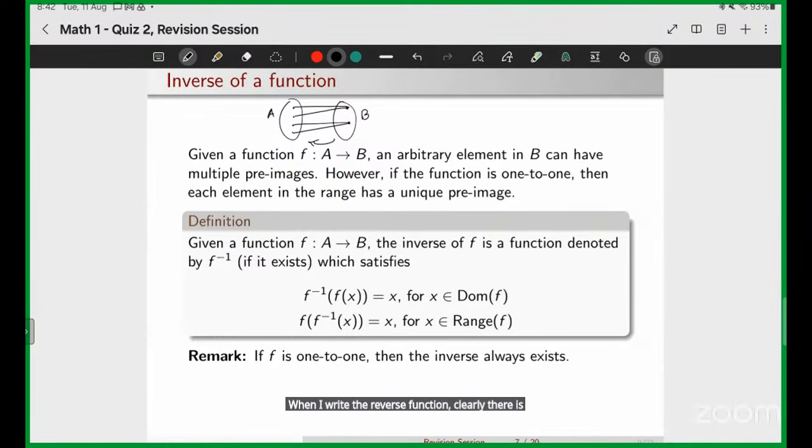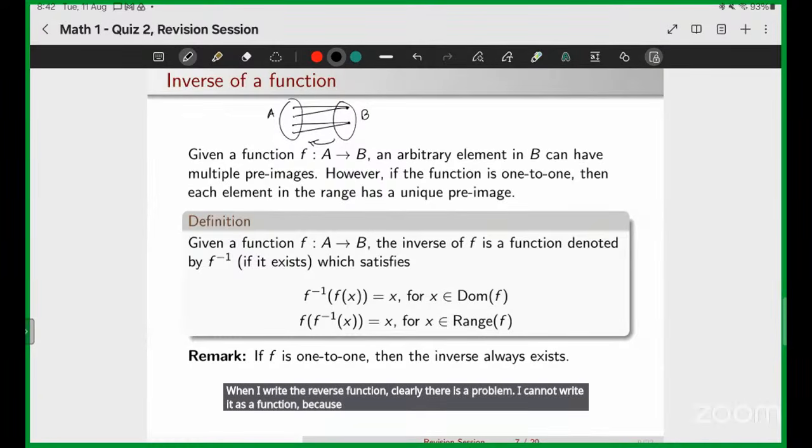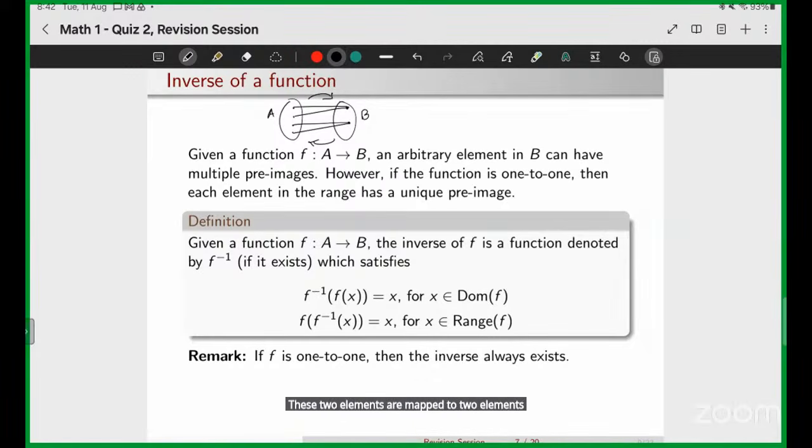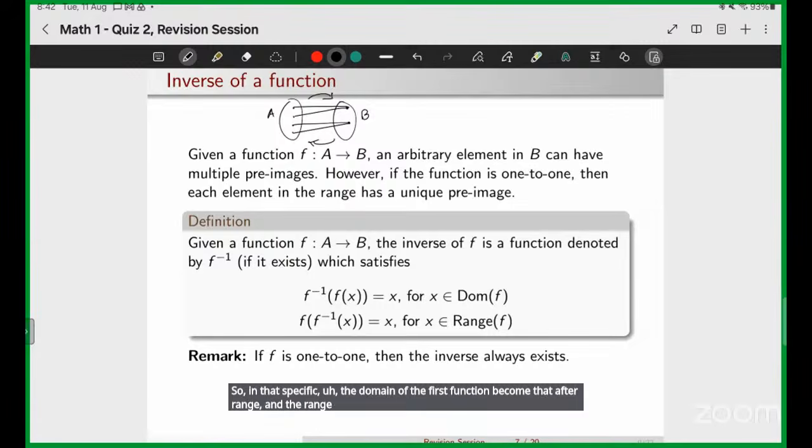I cannot write it as a function because in the forward direction every element is mapped to only one element. But when you see it in the reverse direction, these 2 elements are mapped to 2 elements. So you cannot define the inverse map. Basically, the domain of the first function becomes the range, and the range of that function becomes the domain.